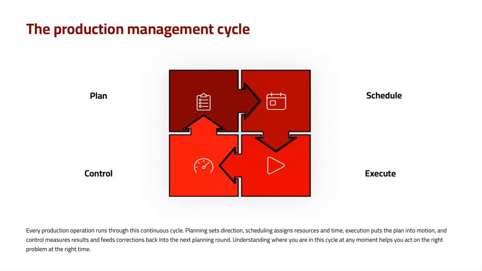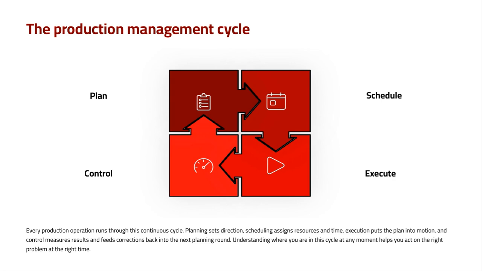The production management cycle consists of 4 key stages: plan, schedule, execute, and control. Planning sets a direction for the entire process, outlining what needs to be done. Scheduling then assigns the necessary resources and time to make that plan achievable.